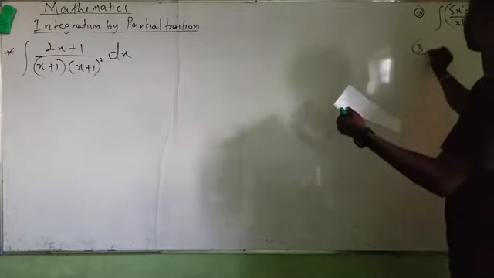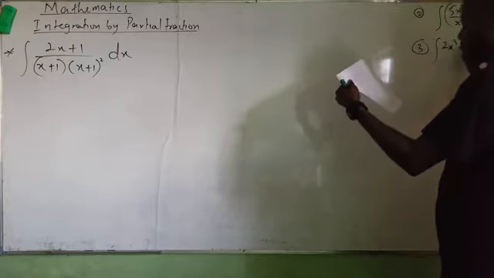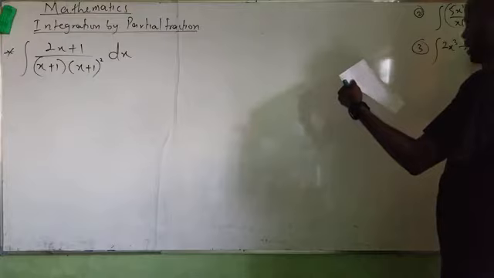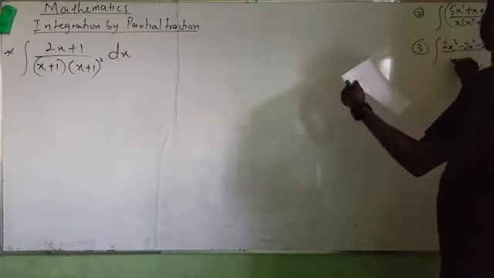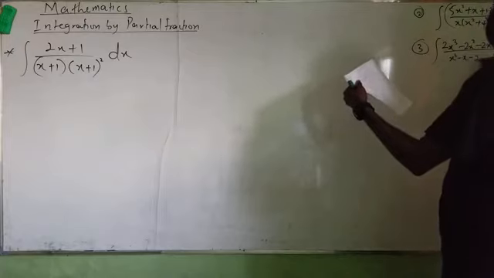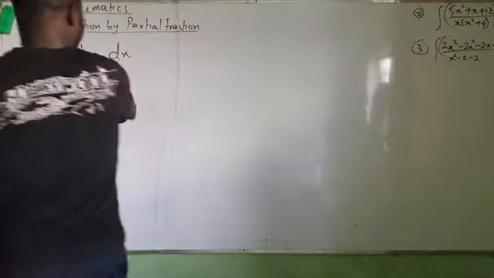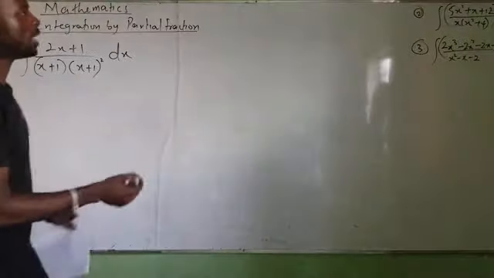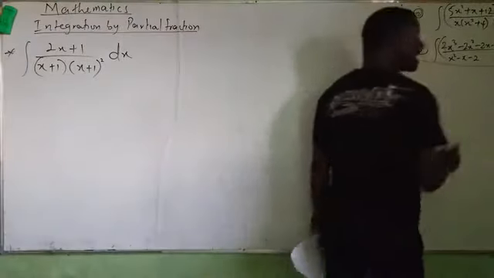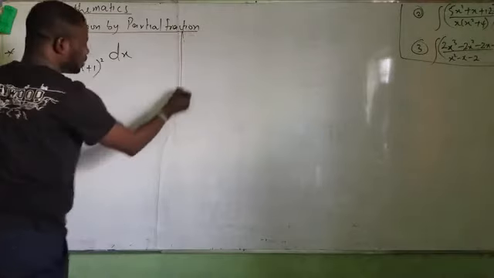And the third one is the integral of 2x cubed minus 2x squared plus 2x minus 7 divided by x squared times x minus 2, with respect to x. These are video 1, video 2, and video 3, so that you will have it all. Let me bracket this: try as much as possible to watch the video on integration by parts. Now, let's try to solve this and see how it will be.